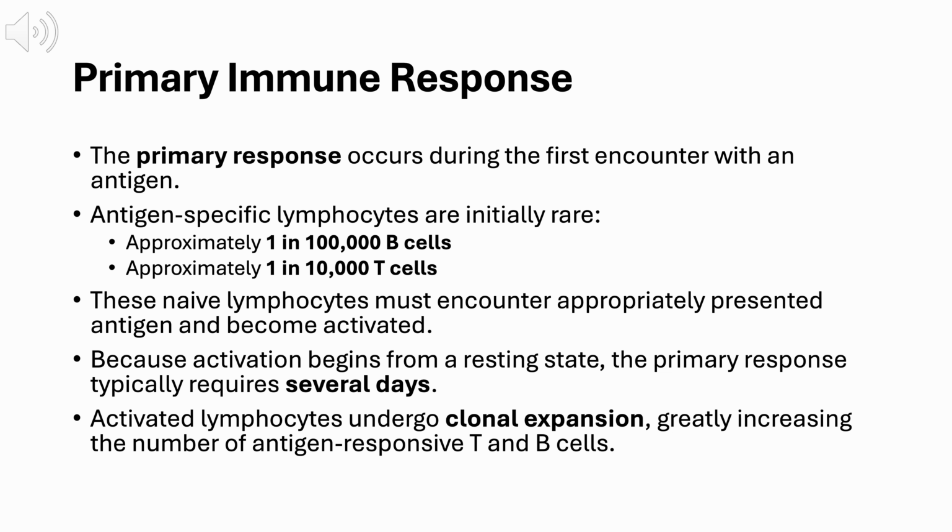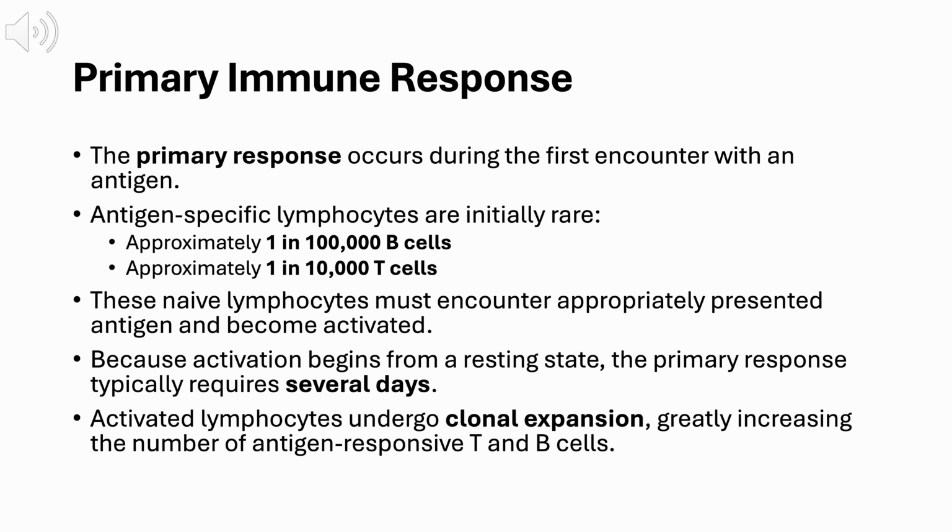So the system must first find those rare cells. The naive lymphocyte has to encounter appropriately presented antigen and become activated. And because activation begins from a resting state, building the machinery from scratch, the primary response typically takes several days to ramp up. That lag is why a novel infection can make you sick before immunity kicks in.